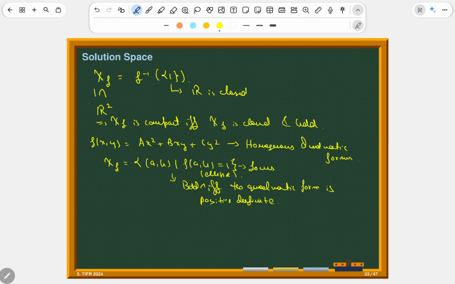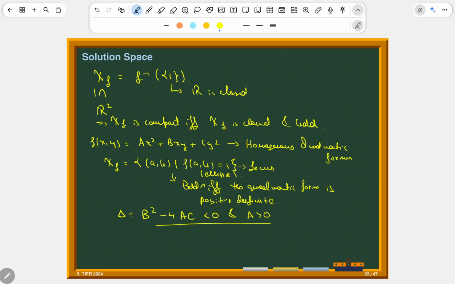Okay, and how do you describe whether a given homogeneous quadratic form is bounded or not? In that case, you require the notion of the discriminant. The discriminant in this particular case will come out to be b square minus 4ac, and for it to be bounded, what you require is that the discriminant is less than 0 and a is greater than 0.